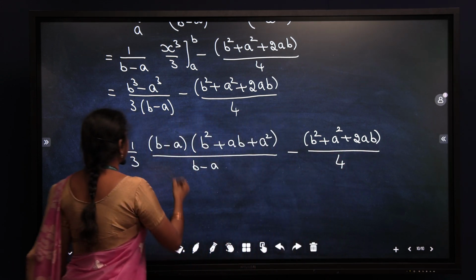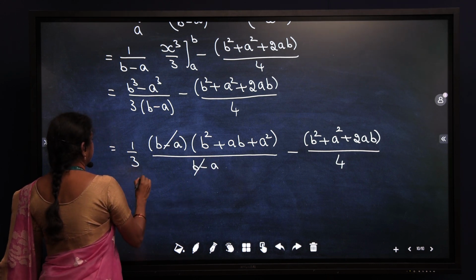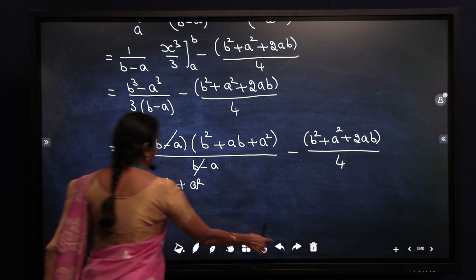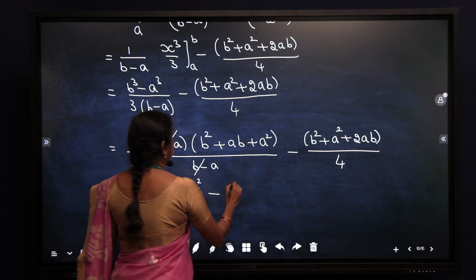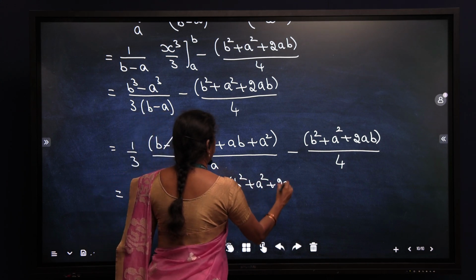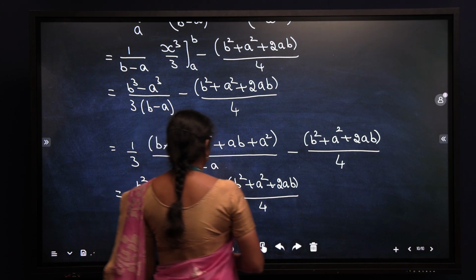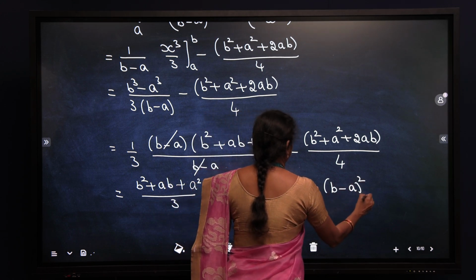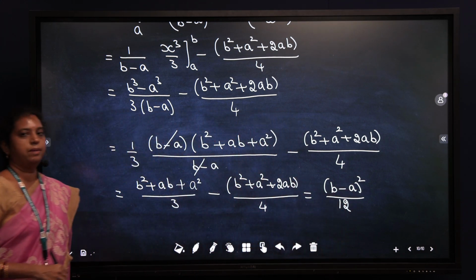Here this b minus a will get cancelled, and on simplifying, we get b square plus ab plus a square by 3 minus b square plus a square plus 2ab by 4. This will be equal to b minus a whole square by 12. So the variance is given by b minus a whole square by 12.